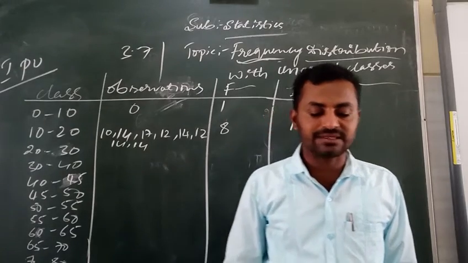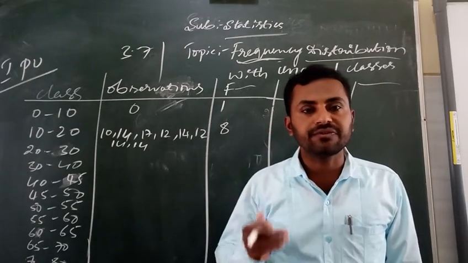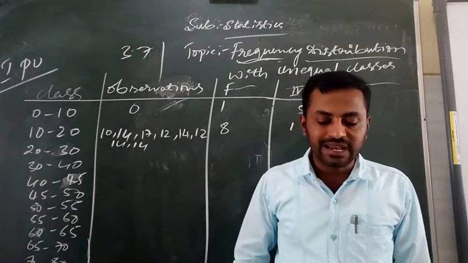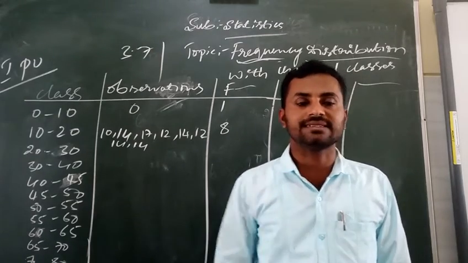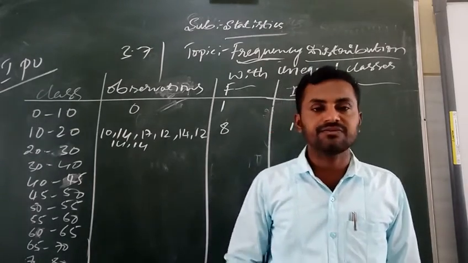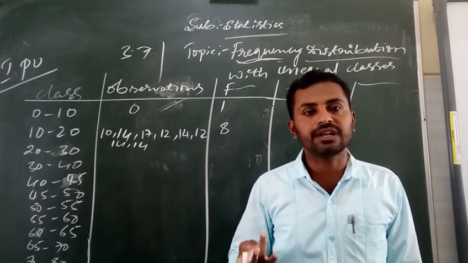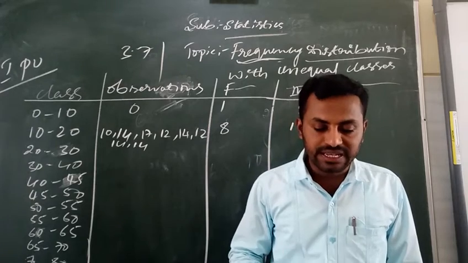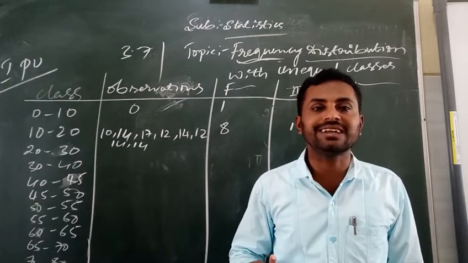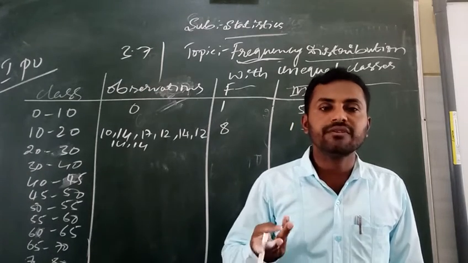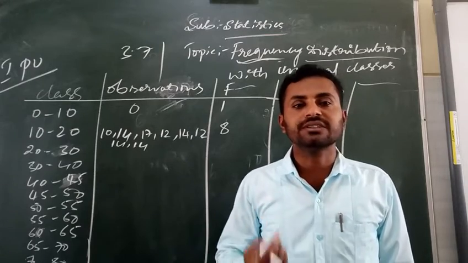See, each of the classes 40 to 50, 50 to 60, 60 to 70 is split into two classes. Like the class 40 to 50 is divided into 2, 40 to 45, then 45 to 50. The class 50 to 60 is divided into 2, 50 to 55, then 55 to 60.